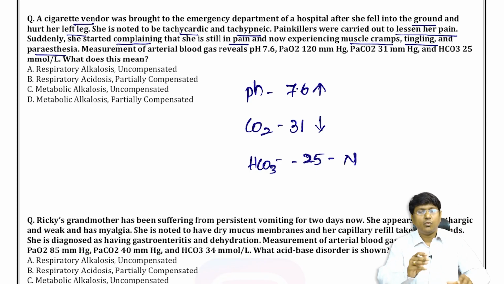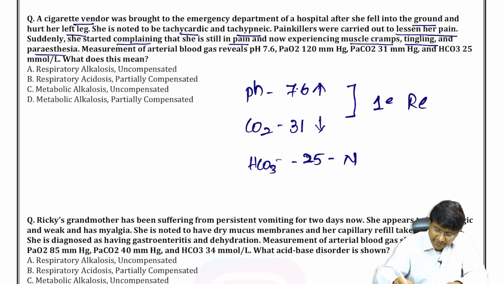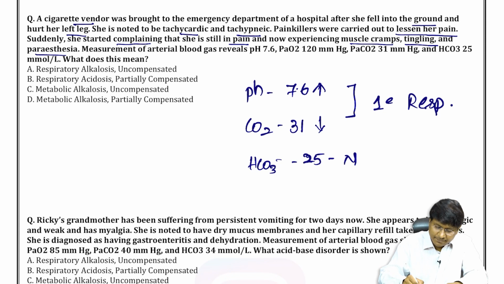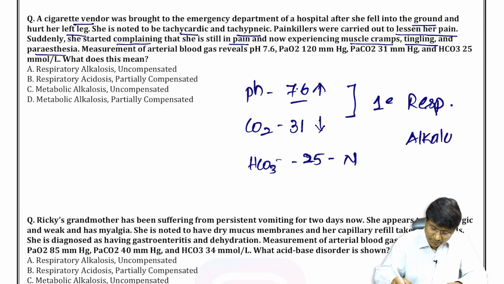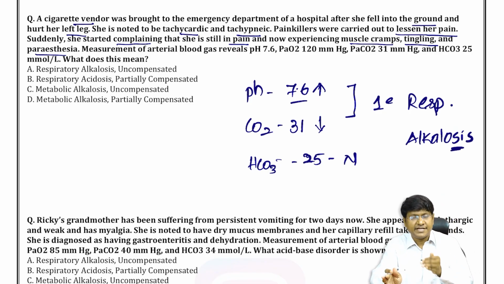Okay. Now, what is the primary acid base disorder here? So pH is increased and PCO2 is decreased. So the primary acid base disorder will be respiratory, because both of them have changed in opposite directions. And respiratory, what? The pH is increased, so we consider it primary respiratory alkalosis, right?